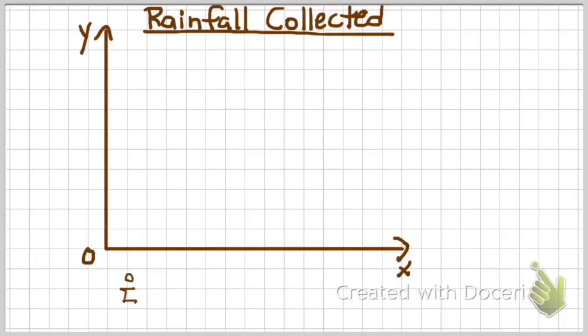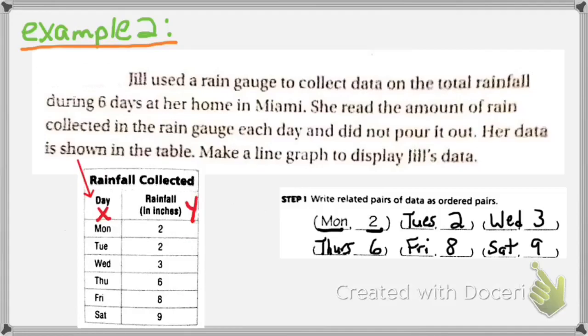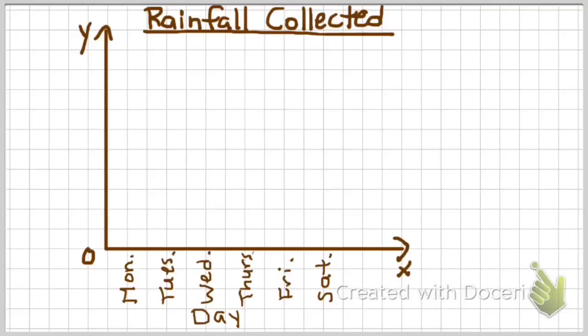So Monday, skip, Tuesday, skip, Wednesday, skip, Thursday, skip, Friday, skip, and Saturday. I've labeled right on top of the lines since this is a line graph. And we said that the x-axis label or title was day. So I label it day.